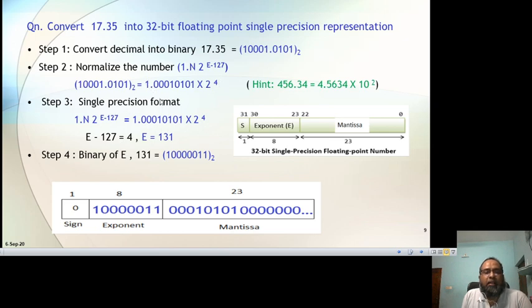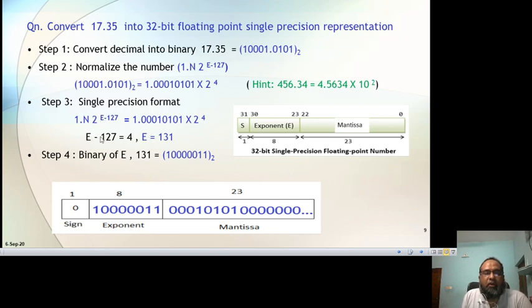Then you have to find the value of e. The standard format 1.n times 2 raised to e minus 127 equals our data, 1 point something times 2 raised to 4. Matching these, n is the fractional part, and e minus 127 is equal to 4. So what is the value of the exponent?